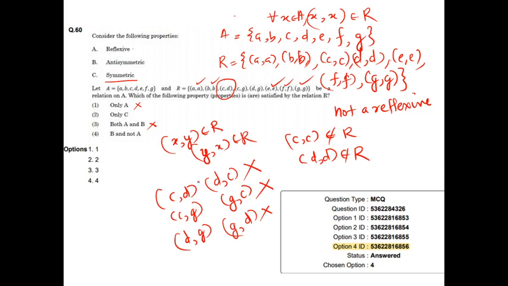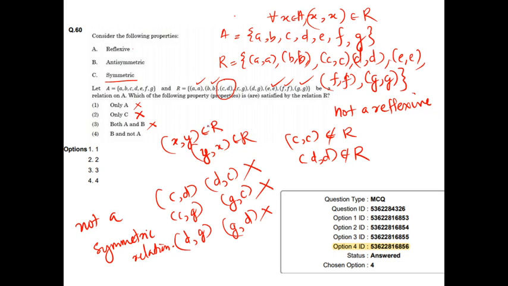So we can see that the condition for satisfying the symmetry property is violated. We can easily say that it is not a symmetric relation, so we can remove this option.